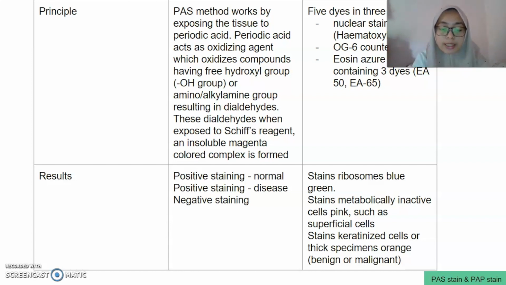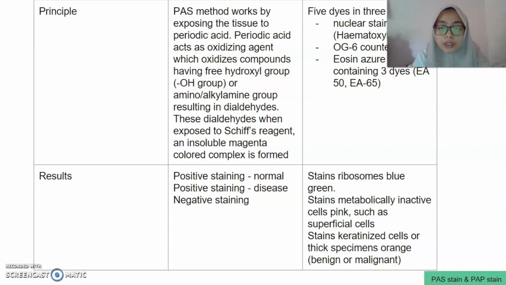And positive staining which indicates disease can show staining for basement membrane containing tumors such as cylindroma, clear cell tumors, and renal cell carcinoma. And negative staining shows mucin of acid simple mesenchymal and acid complex connective tissue types.